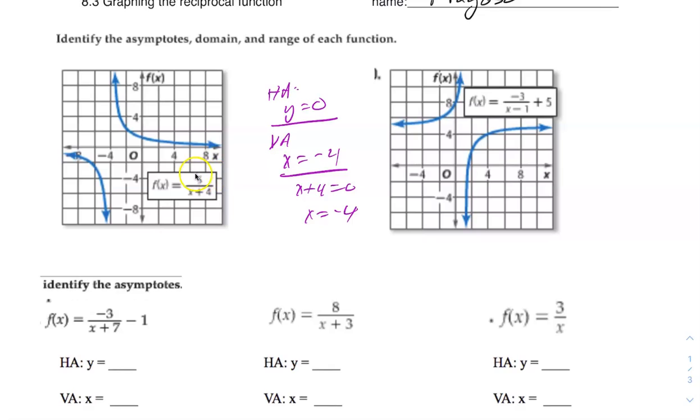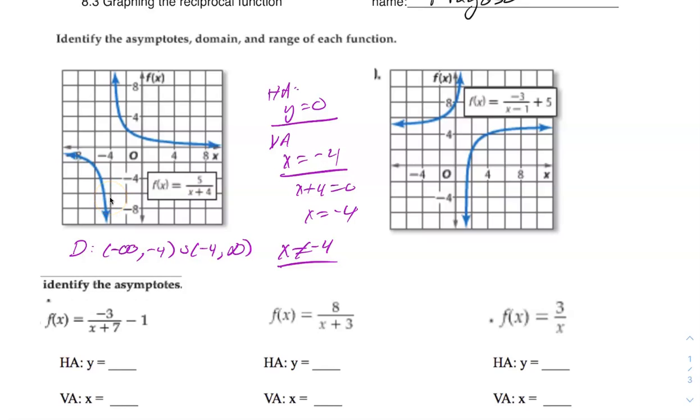Now domain and range, very simple. Domain, you're going from -infinity to -4, and -4 to infinity, right? Basically everything except for the vertical asymptote. So instead of writing all this, you can just say domain is x does not equal -4. It basically just can't be the vertical asymptote.